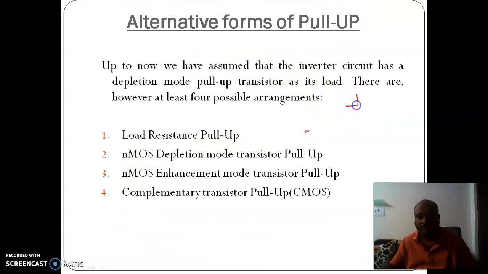Looking at a few alternative forms of pull-up. For our device, the pull-up we have seen previously is a depletion mode, but there are 4 types of pull-up: load resistance pull-up, nMOS depletion mode, which is what we have seen, nMOS enhancement mode, and complementary transistor pull-up, in short called CMOS.